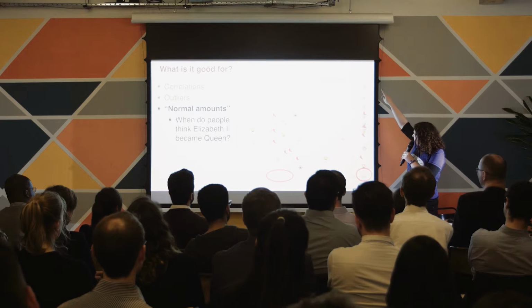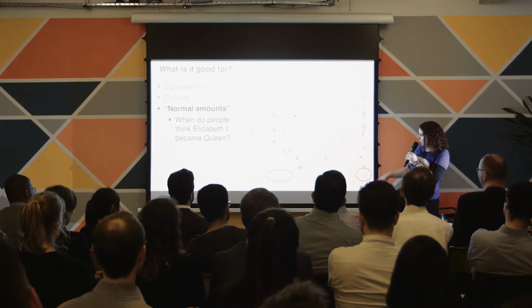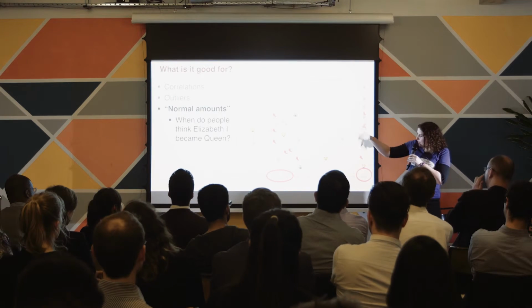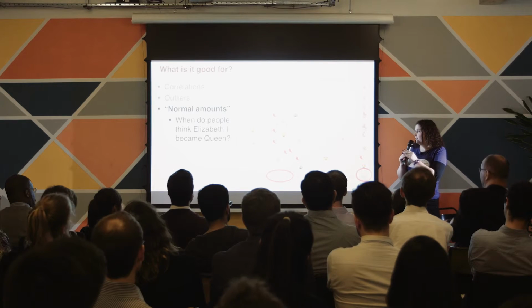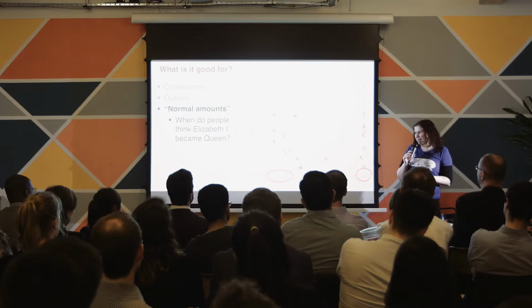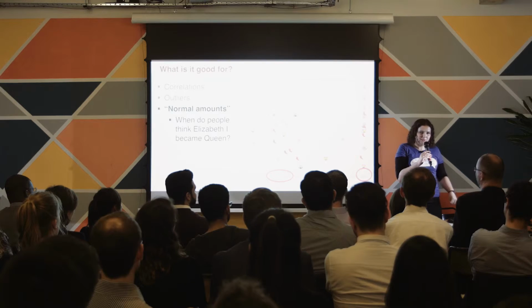Turns out there's a strong correlation between The Crown being a very popular Netflix show and everyone thinking, I wrote Elizabeth II, because there's a strong thing here at around 1952. There's also a cluster in the 1550 to 1600 area, probably if you squint a bit. So these are the three things that it's mainly good for.